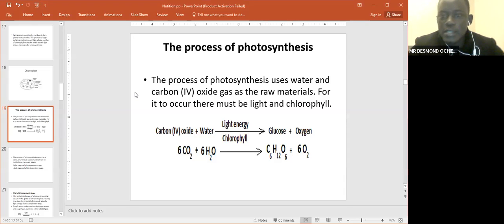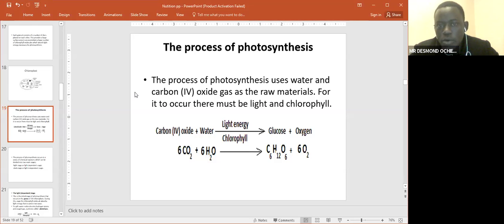Now, when we talk about photosynthesis, it's a life-sustaining process that occurs in the green plants, the ones that have got chlorophyll, which is the green coloring pigment. The process requires some raw materials, and it occurs when some conditions are availed.